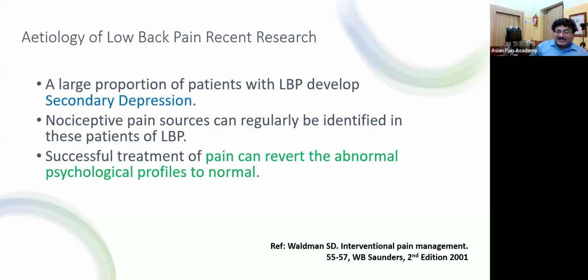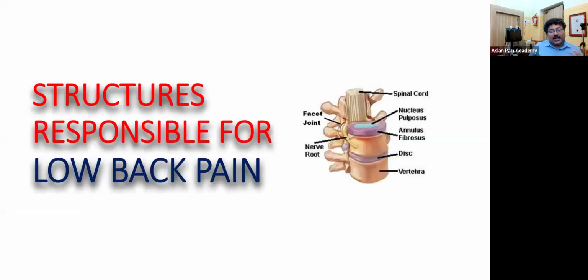And when we reverse these nociceptive pain sources, or in simple words, pain generators, from the spine, then we can go for successful treatment. And after successful treatment, the psychological profile comes back to normal.